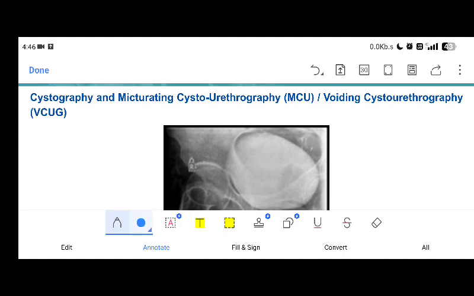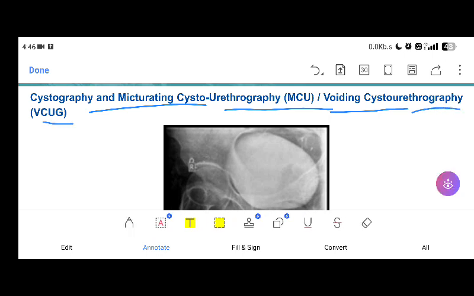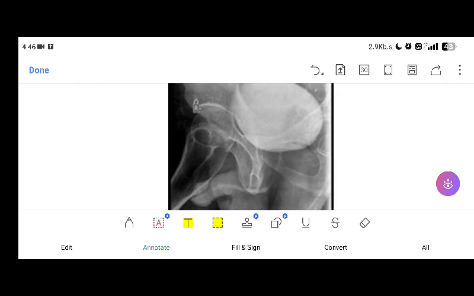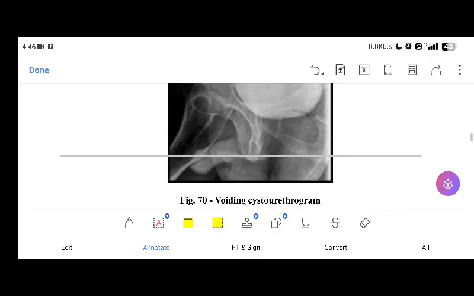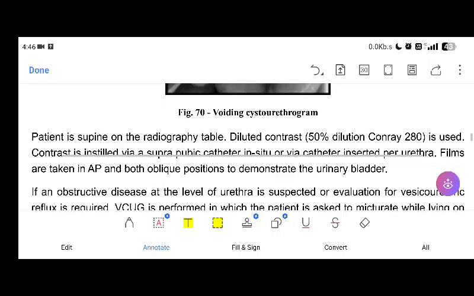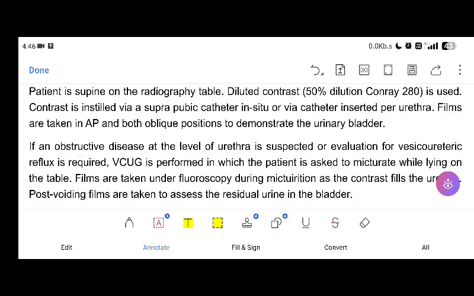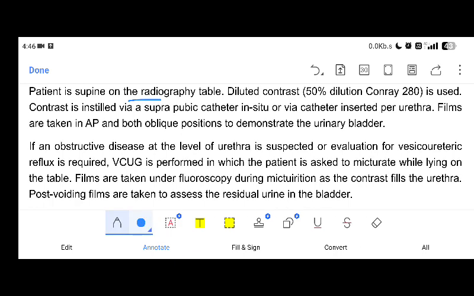Cystography and micturating cystourethrography, MCU, or voiding cystourethrography. So this is the cystography image, voiding cystourethrogram, and the patient is supine on the radiography table.